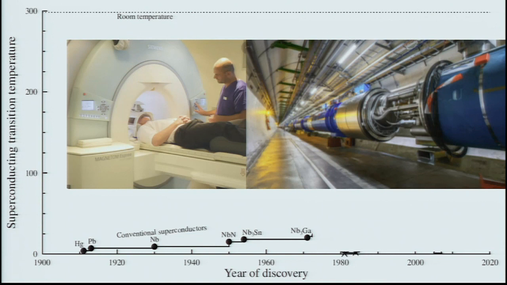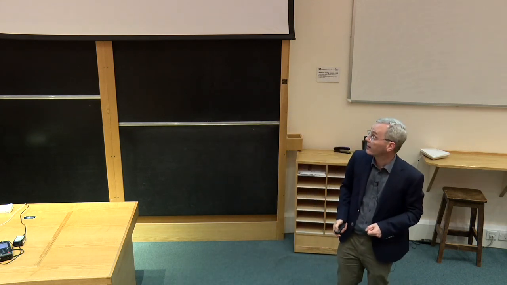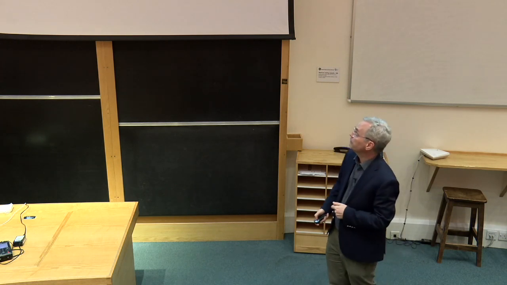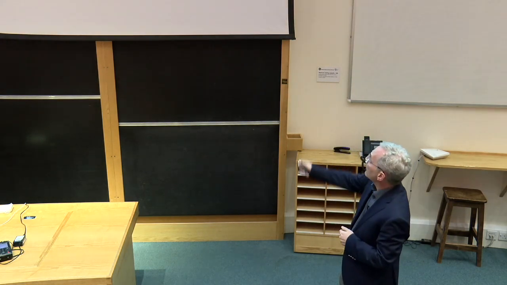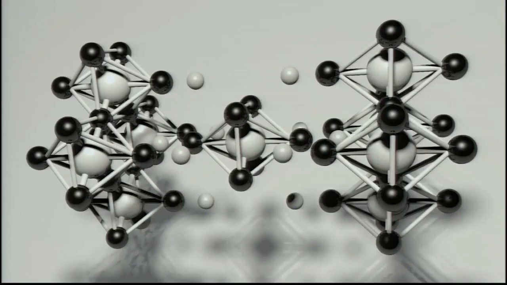One of the big companies that took advantage of this in this sort of period was Oxford Instruments, founded by Martin Wood, now Sir Martin Wood, and you're all here in the Sir Martin Wood lecture theatre. So we're actually in a lecture theatre which comes off the profits of this discovery. The real breakthrough took place in the late 1980s with the discovery of the high temperature superconductors, and you can see the transition temperature is now getting almost halfway to room temperature. So there's the high temperature superconductor again.